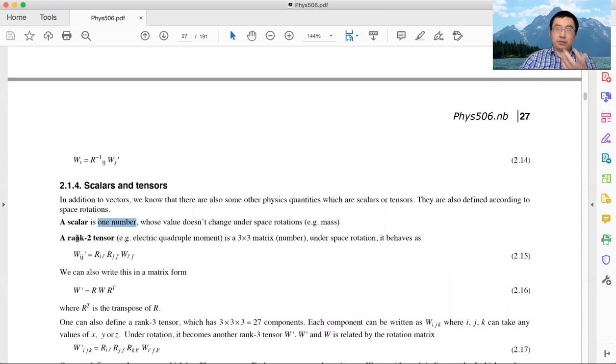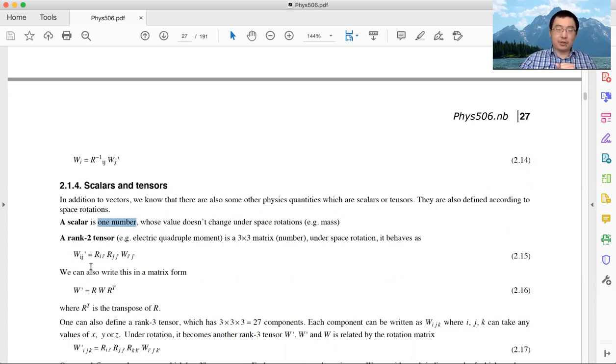We also know some physical quantities are neither scalars nor vectors. They are the so-called rank 2 or even rank 3 tensors. The definition of tensors follows the same idea. For example, take a rank 2 tensor, like the quadrupole moment in electrostatics. For a rank 2 tensor, we need to make sure that this physical quantity has 3 by 3, 9 components, and more importantly, these 9 components need to satisfy the following relation under spatial rotation.